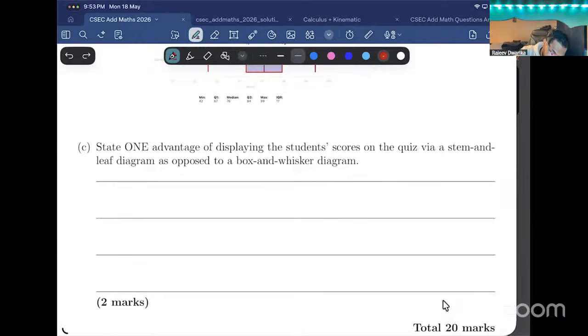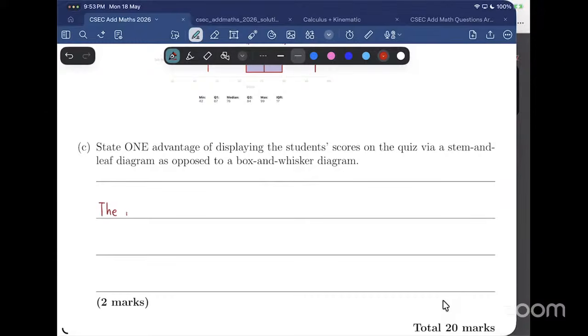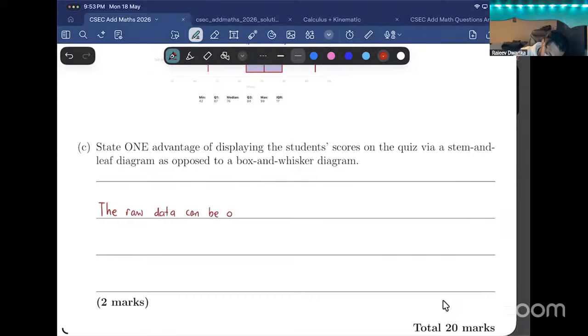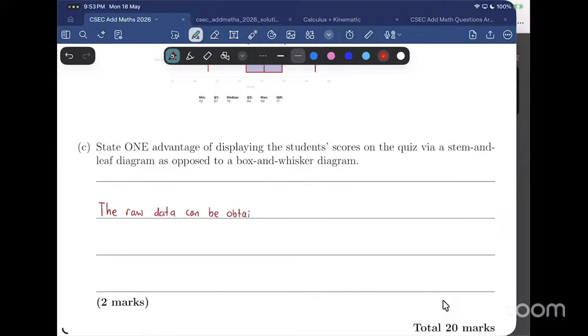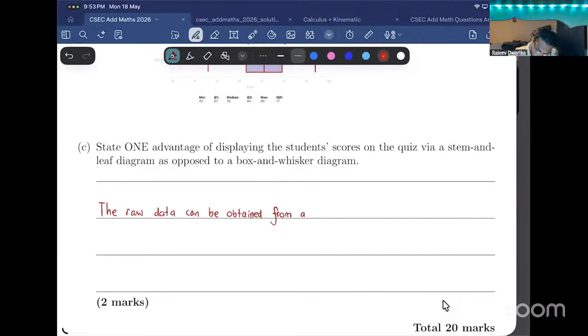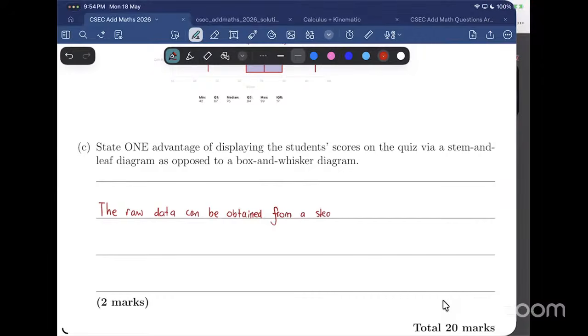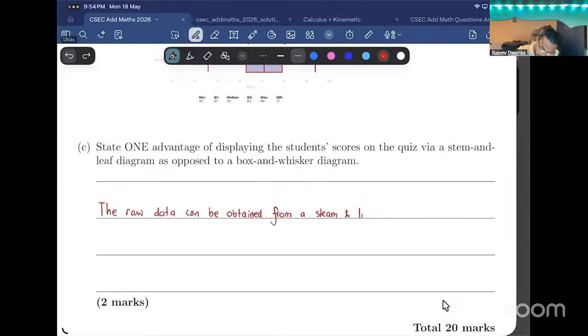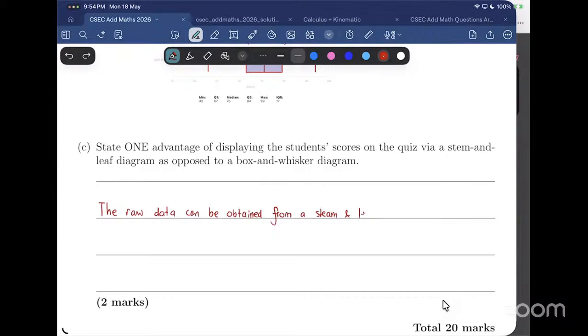All you can say is the raw data can be obtained from a stem and leaf diagram.